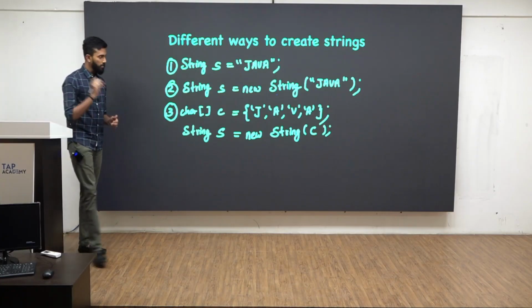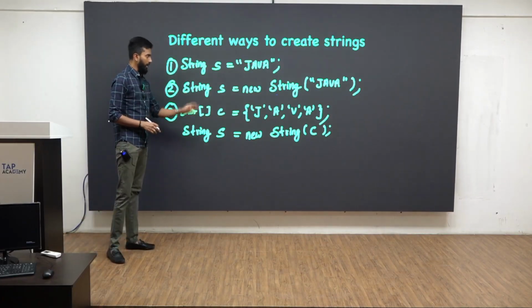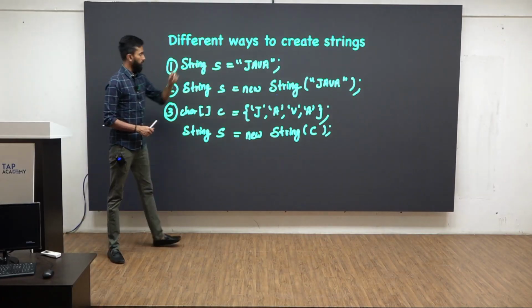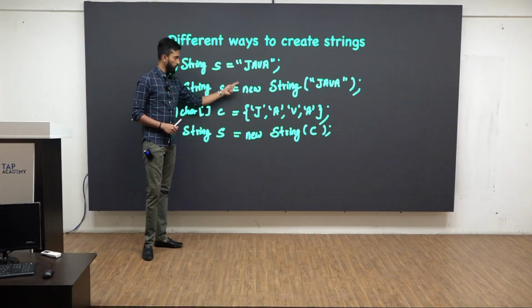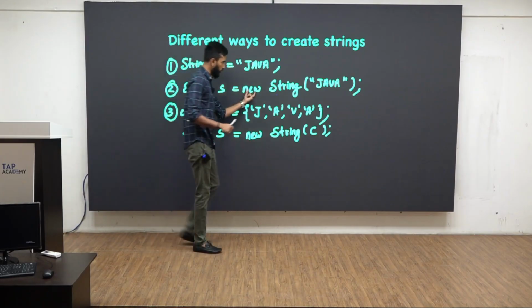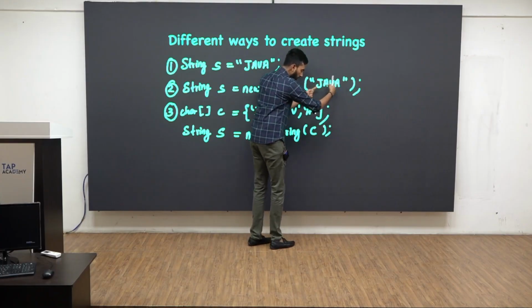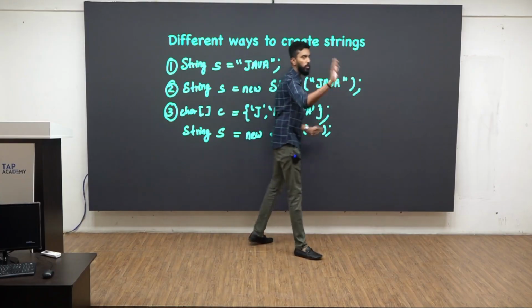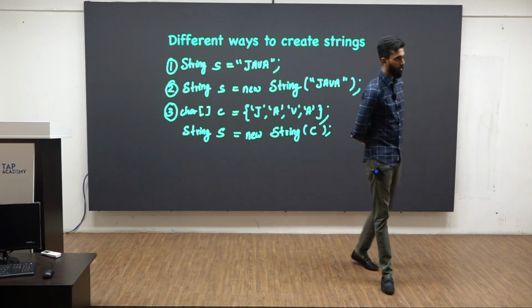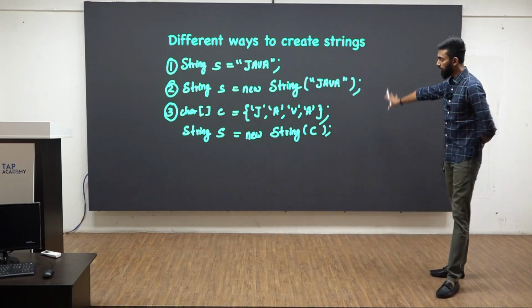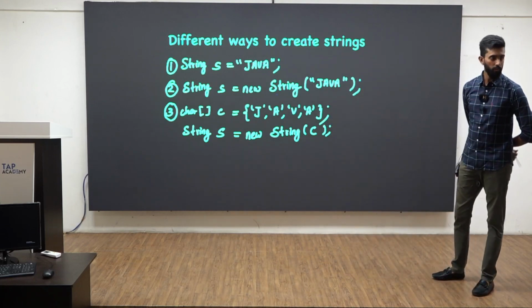Hope you understood. So basically, mainly there are two ways: without using new, using new. If you use new, directly you can give a string, or you can also give an array of characters. That is your wish. Is this much clear to all of you? I hope everybody has been able to understand this part.